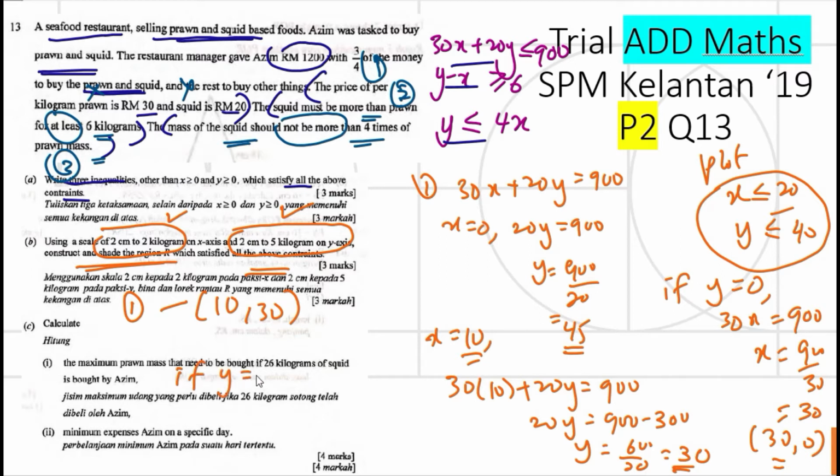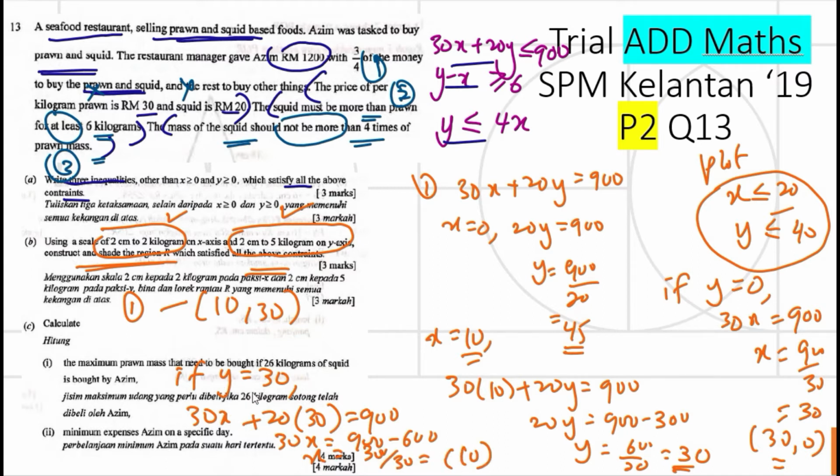If y is equal to 30, then 30x plus 20 times 30 is equal to 900. So 30x is equal to 900 minus 600. So x is equal to 300 divided by 30, which is equal to 10. So the point is 10 and 30.